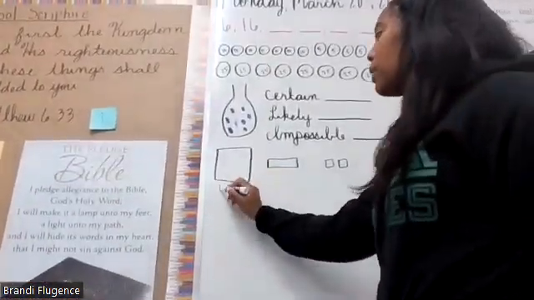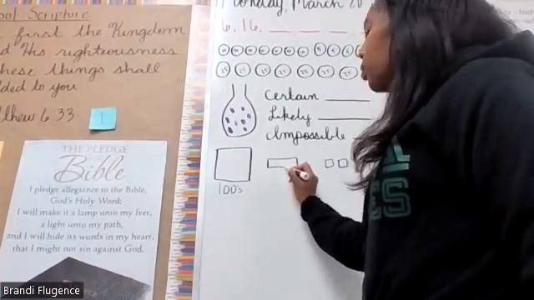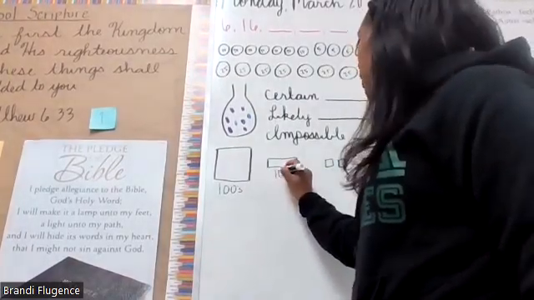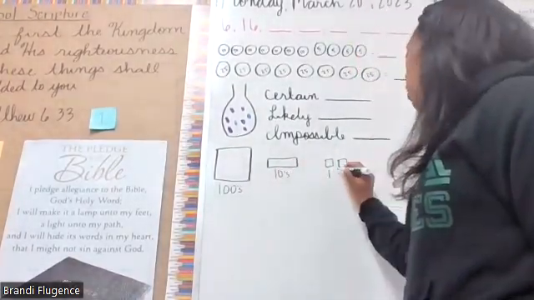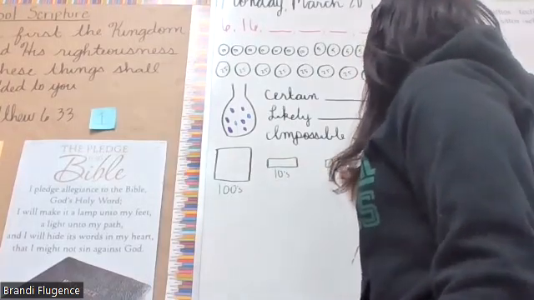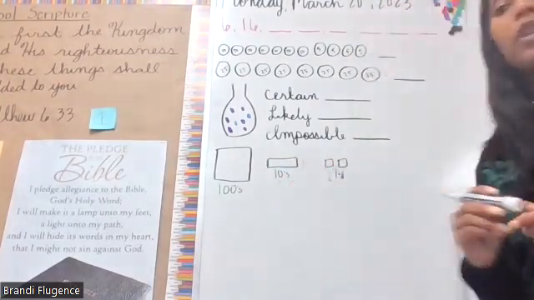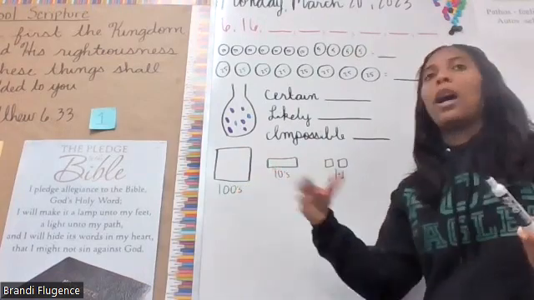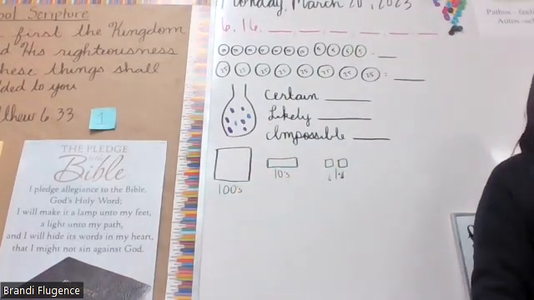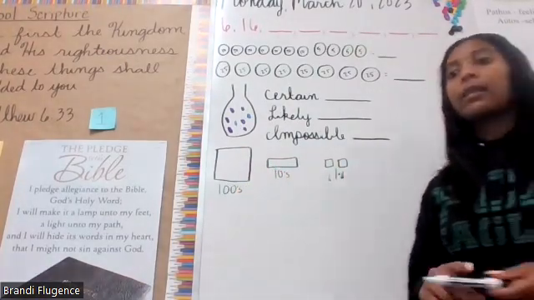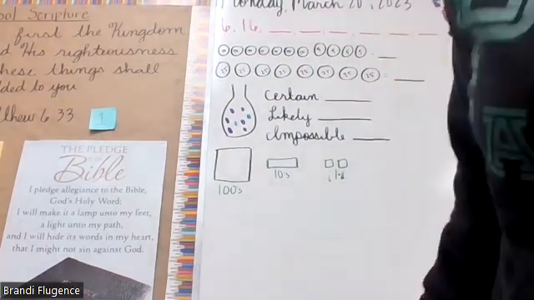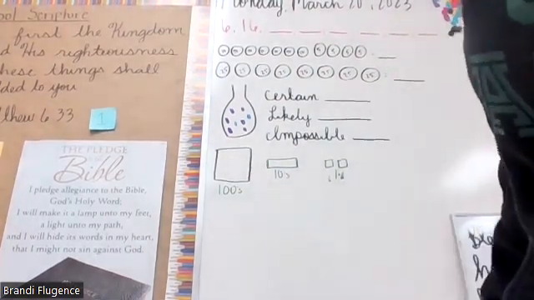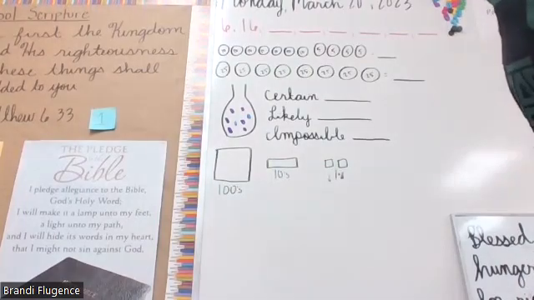So the big square is your hundreds. The square that we had cut out a while back are the tens, and the ones by themselves are the ones. When we have the big hundreds block, what number will we count by? The hundreds. We're not cutting it out, I just wanted you to look at it.